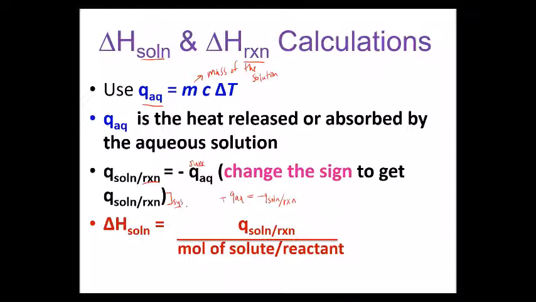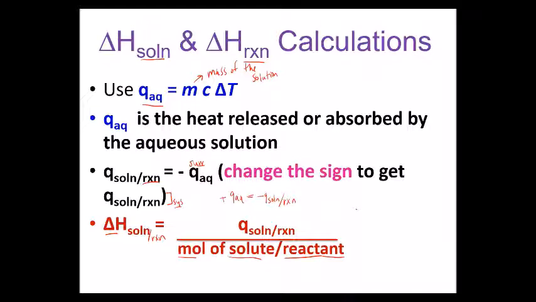Now, the extra added step with these types of problems where they're using the calorimetry data, you have to find delta H. And this could be delta H of solution or reaction, either one. You're going to find it using the moles of the solute that's dissolving or the moles of the reactant that is reacting. So you're going to take that into account to find the delta H of that particular salt or that particular reactant.